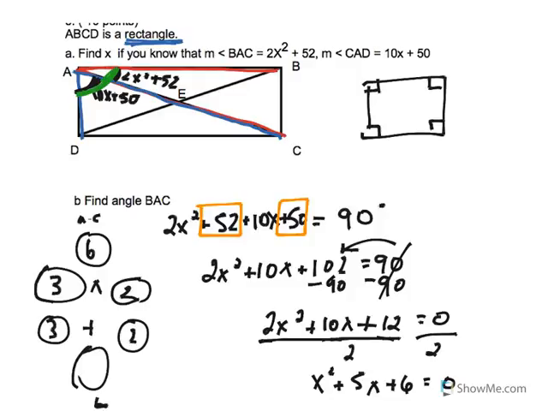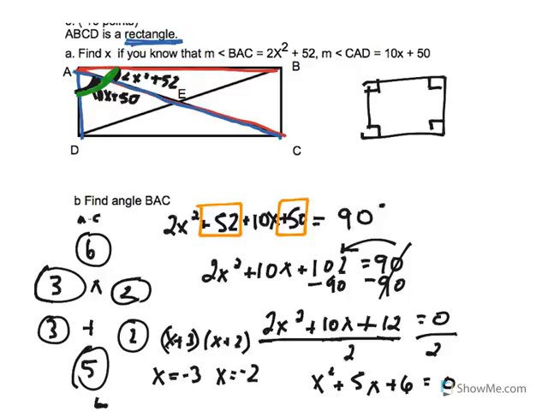I put it in the same here. I get (x plus 3) and (x plus 2). I solve, I get x equals -3, x equals -2. Now the problem says find x, so I have x equals -3, x equals -2.